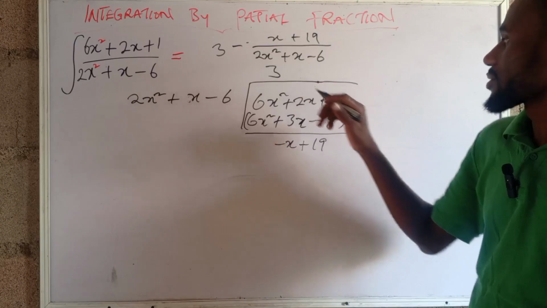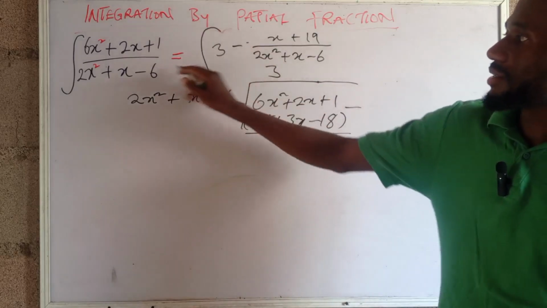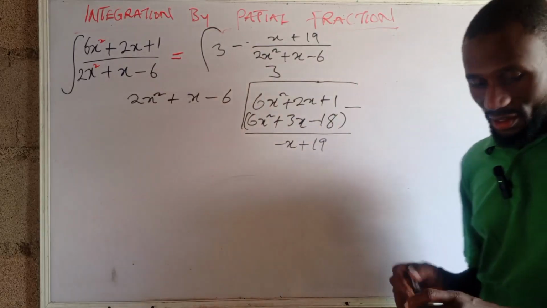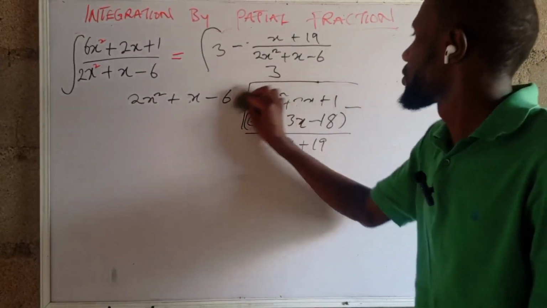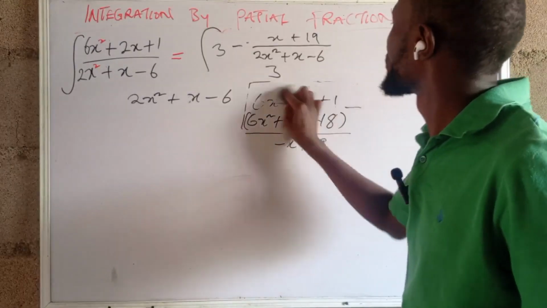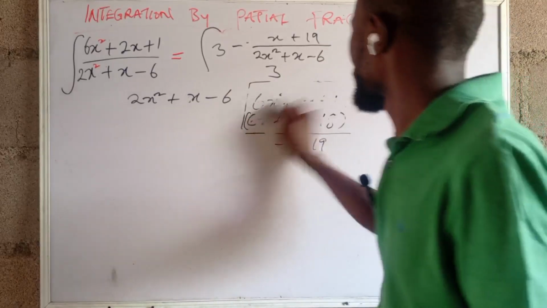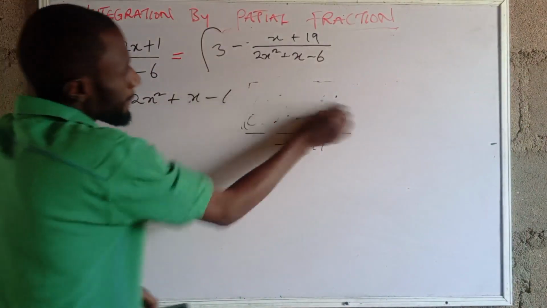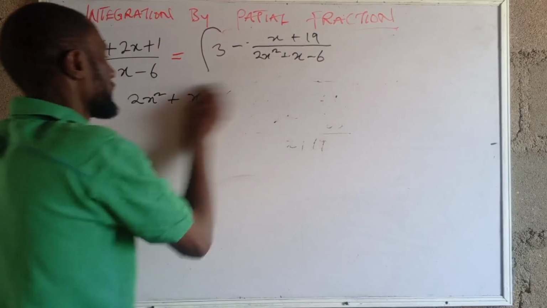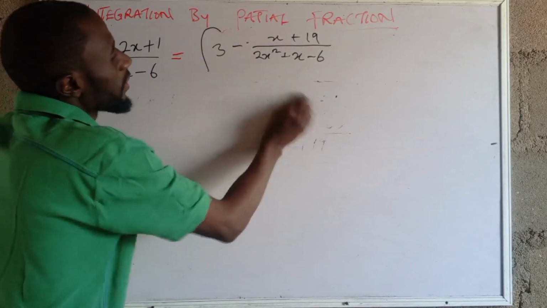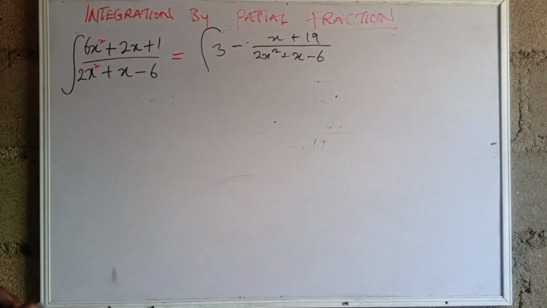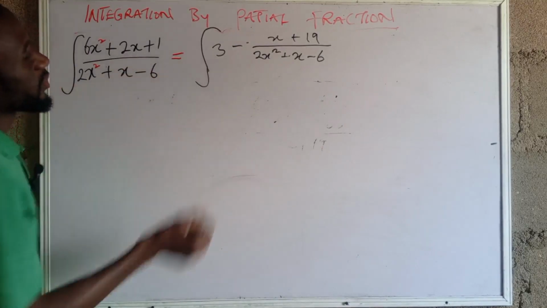Then this one is equal to this one. Therefore, we can clean the long division here. When cleaning the long division, then we can continue with this one.